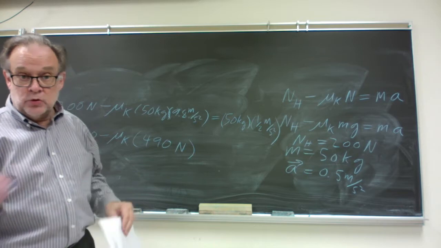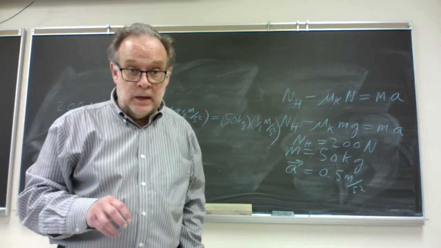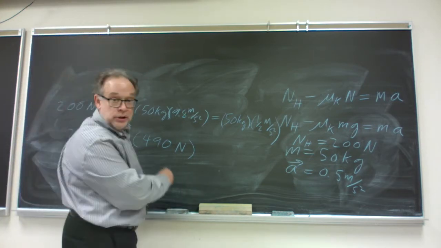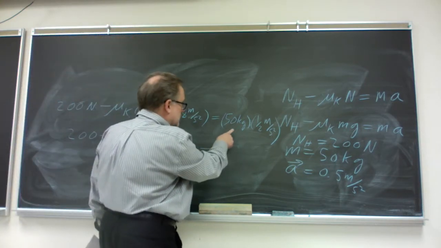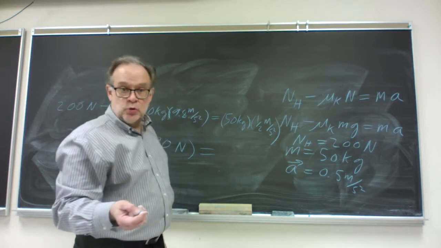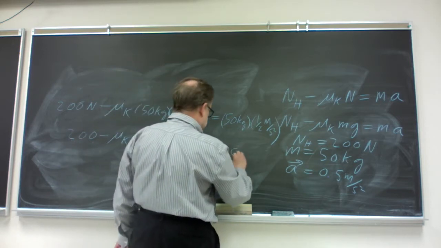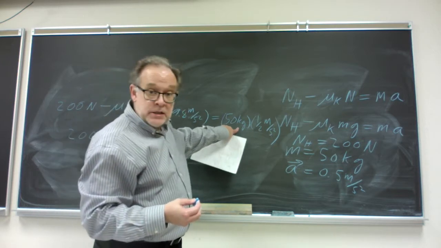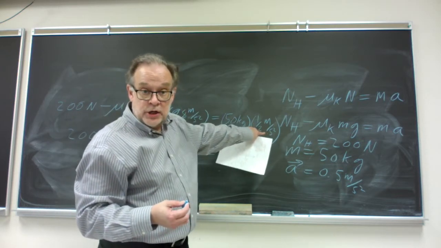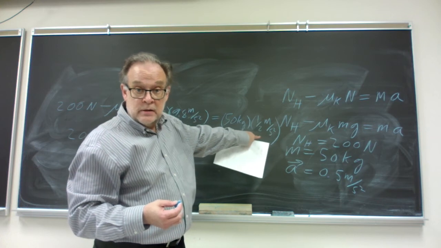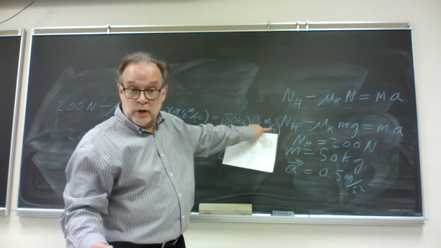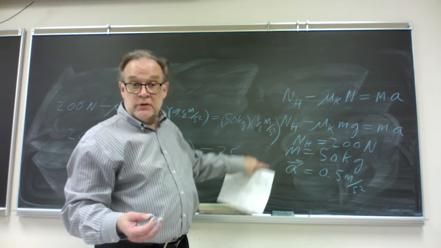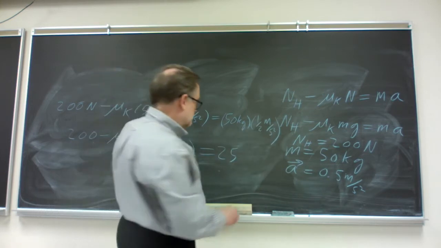Now, newtons will be the usual unit for quantifying the amount of force. That's the left-hand side, and the right-hand side is just 50 times 1/2, that's 25. 25 what? Again, mass in kilograms times an acceleration in meters per second squared gives a force, in newtons.